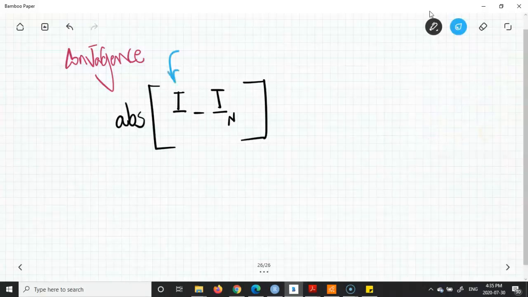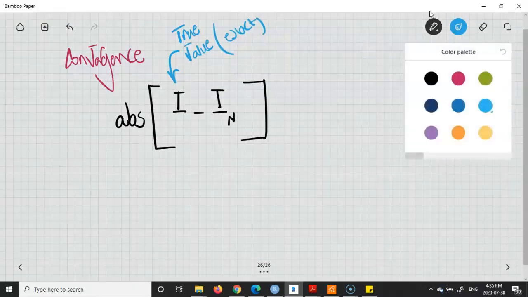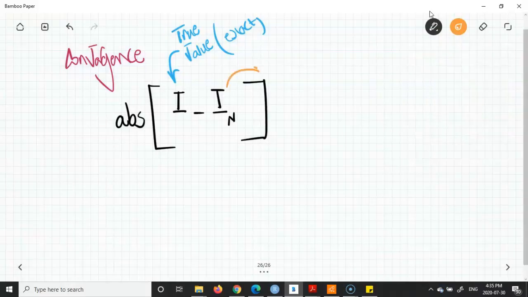I call, for example, the true value, which sometimes we also call the exact value, and I also call this one the approximate value.